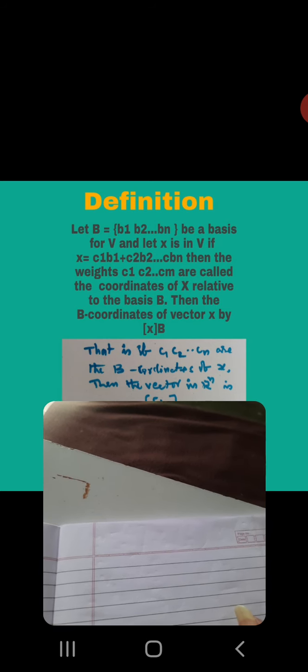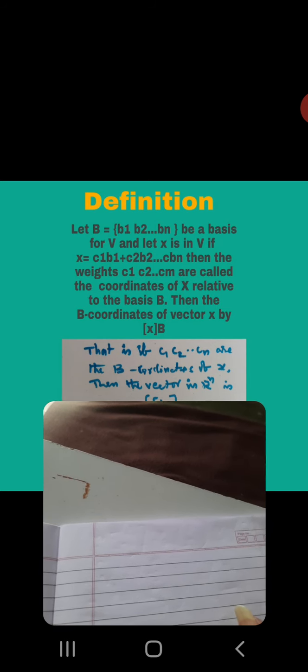According to this definition, see: B is equal to the vectors (1, -4, 3), (0, 5, 2, -2)... and (4, -7, 0), and the coordinates of x are also given: 3, 0, -1. These are the coordinates. We need to find x.